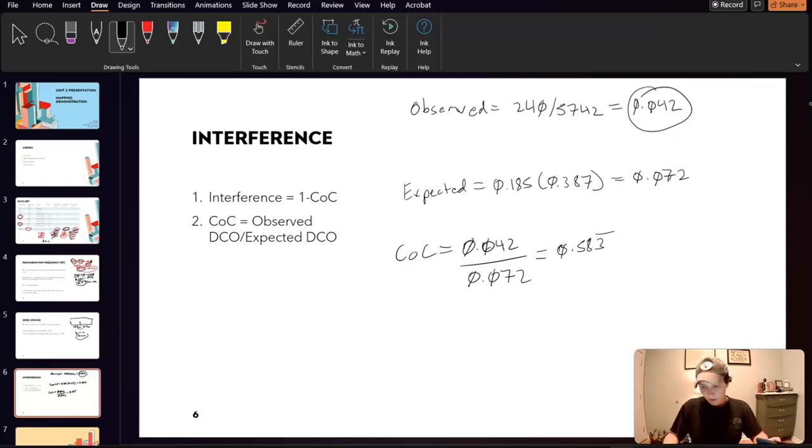So there's our coefficient of coincidence, and our interference is 1 minus 0.583, and I can already tell it's going to be a positive number, so that'll give us 0.417. And since our interference is positive, we know that there's positive chromosomal interference. So that's how you calculate interference and apply it to your findings, as well as recombination frequency and finding the distance between genes.